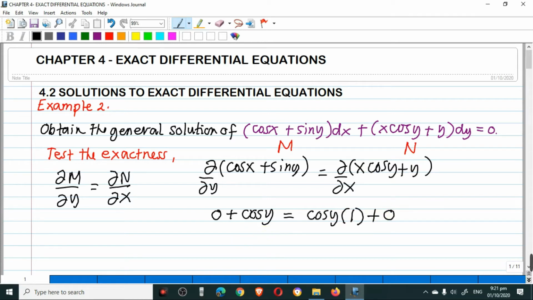Therefore, the left side is equal to cosine of y, and the right side is also equal to cosine of y. Since the two are equal, we conclude that this differential equation is an exact differential equation. Then we can proceed to the solution to exact differential equation using the two methods.